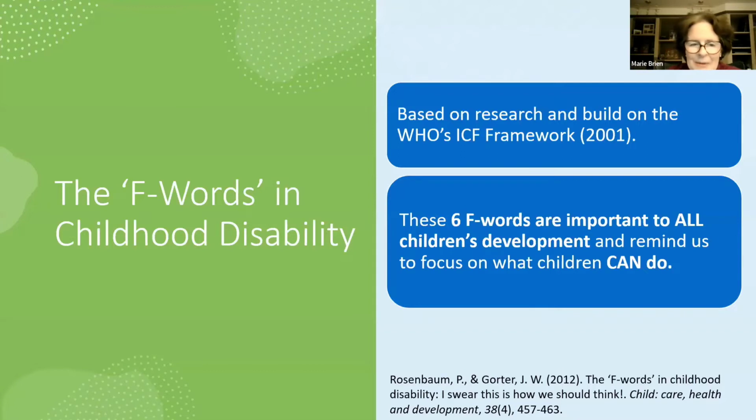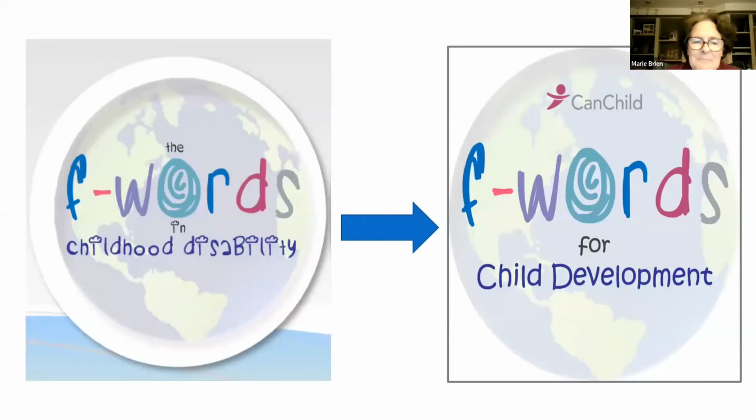They came out with the F words in 2012, and this has become quite prominent, now translated into many, many languages, even various languages throughout India. They were called the F words in child disability, and more recently, they have just been called the F words for child development, because it applies the ICF to child development in general, not just childhood disability.